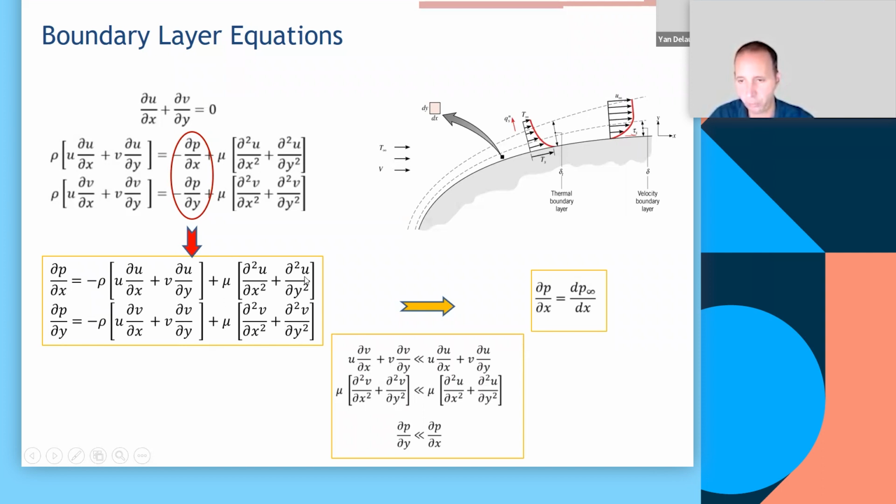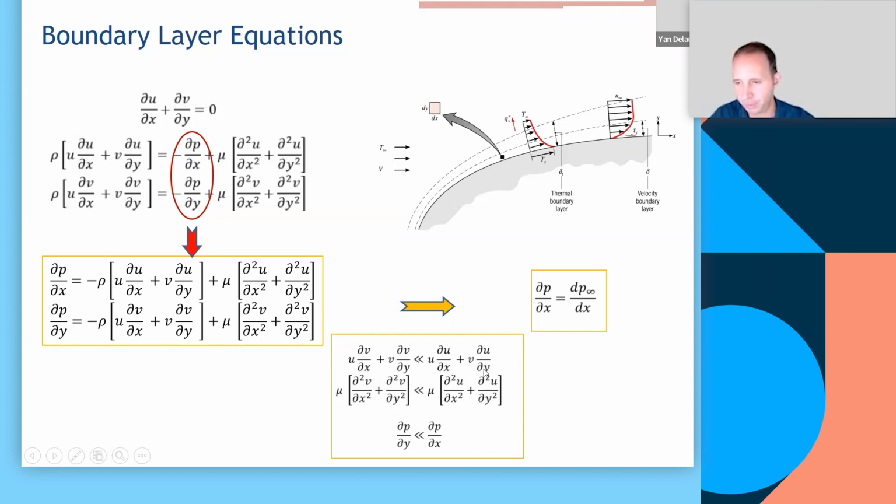And you do the same with these derivatives. The gradients of the velocity v are much smaller than the gradients of velocity u. In particular, this one is the dominant one compared to all of the others. I'm not going to go into the details because you see here that this is small and this is large and this is small.